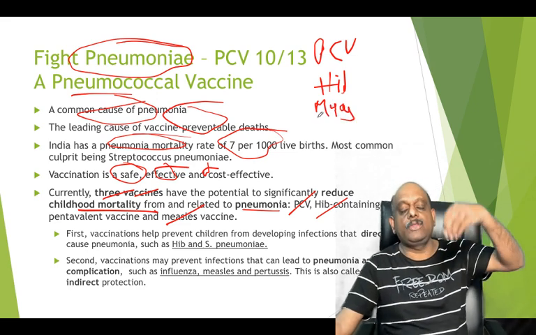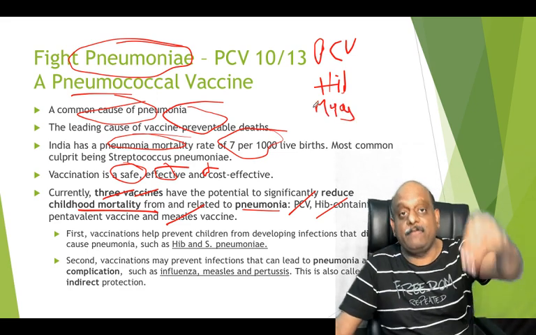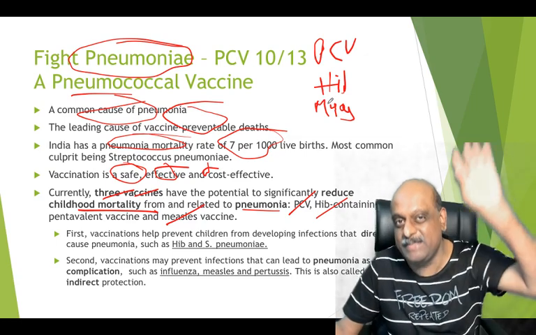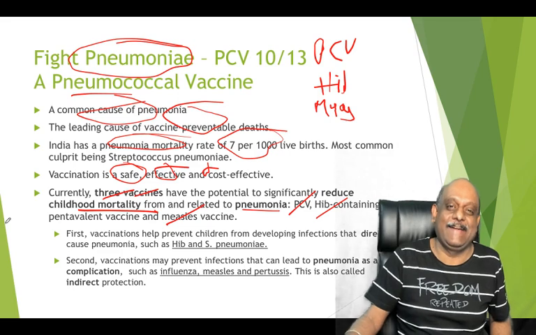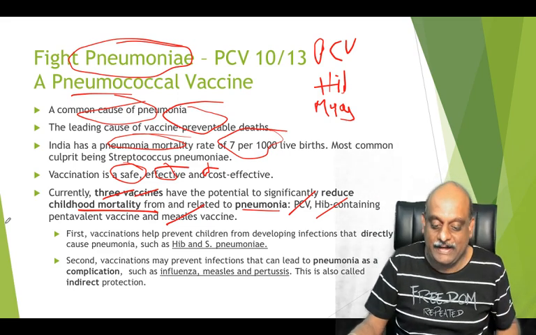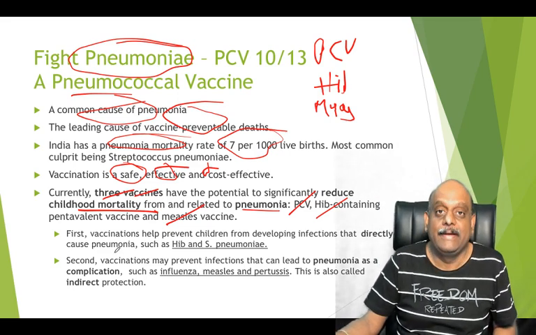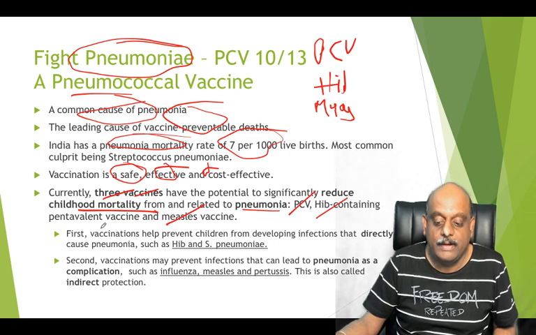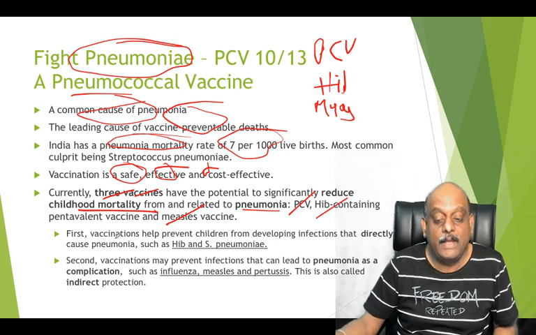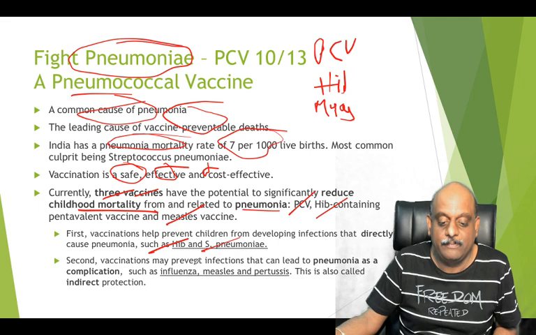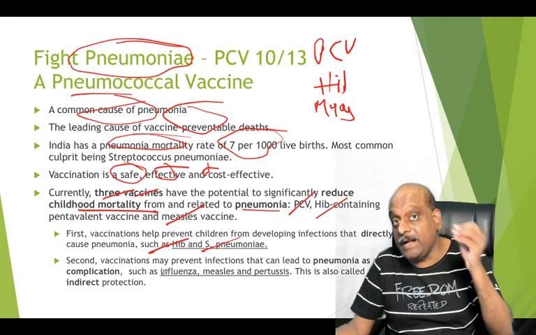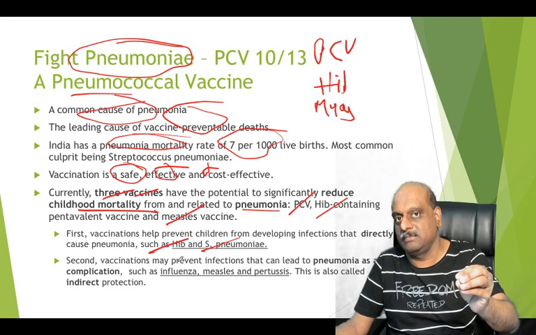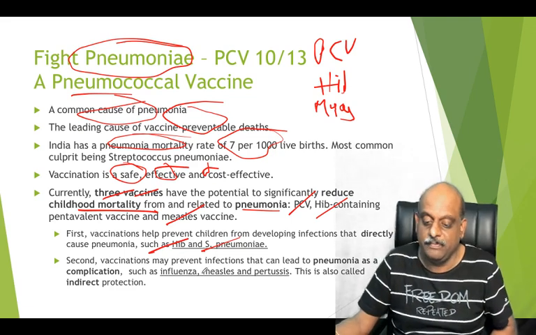If these are given, childhood mortality from pneumonia will be lesser. You will get protection from pneumonia. That is very, very important. So, Hib and pneumococcus directly cause pneumonia, and they are vaccine preventable.